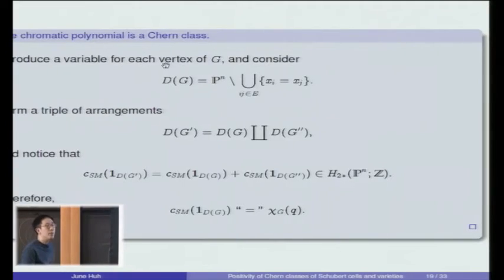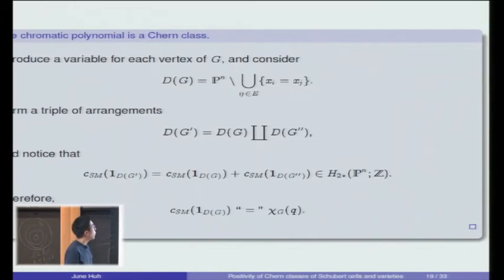So let me show you the inclusion-exclusion in this case. The variety in question is this. You introduce one variable for each one of the vertices, and whenever you see an edge, you introduce a hyperplane saying that x_i is equal to x_j. So one variable for one vertex, one hyperplane for one edge.